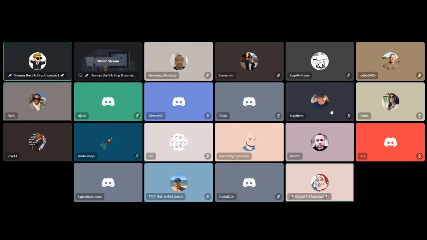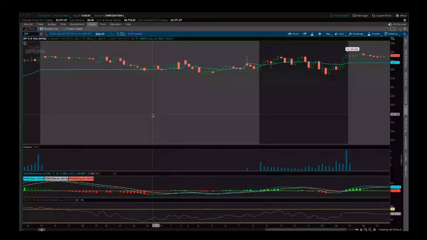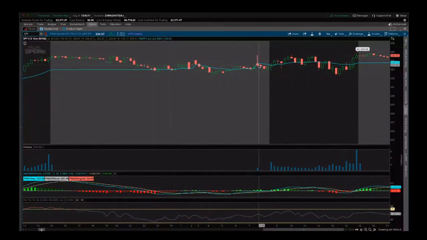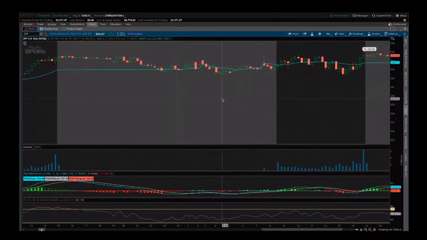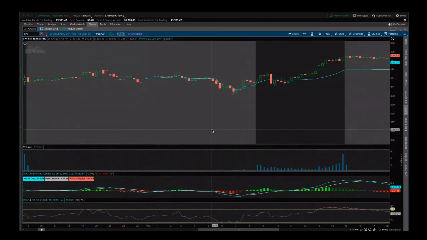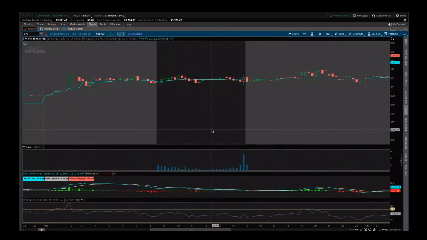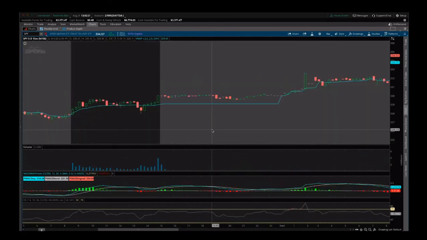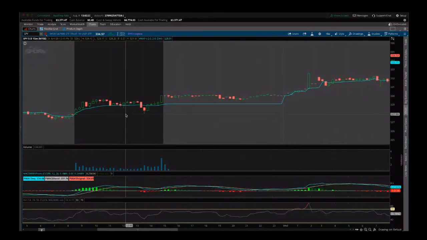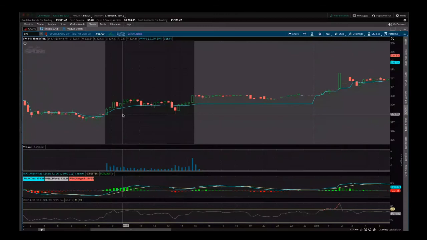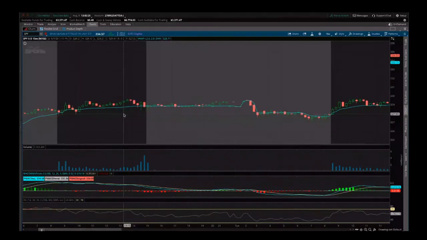This is a hammer followed by some bullish candles, right? This is a hammer, but it wasn't followed until later. Here's the hammer. Here's another hammer, though this one followed a red. This is a hammer.